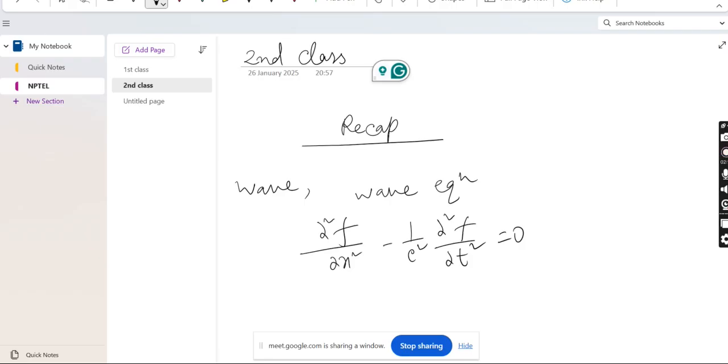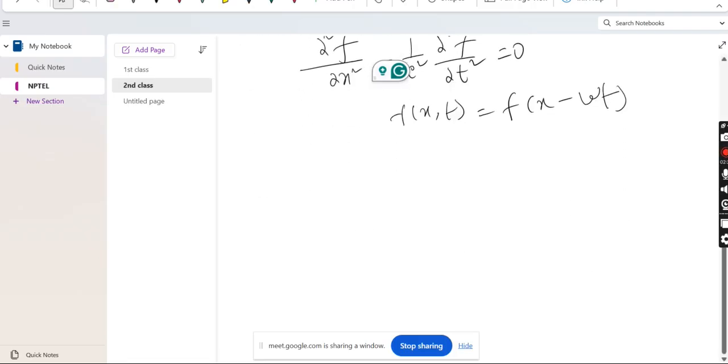Now the F is the so-called function, which is to be satisfied with the equation.